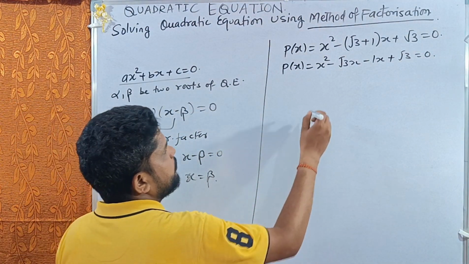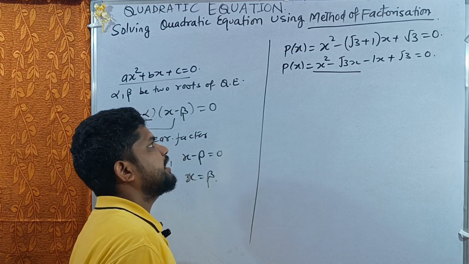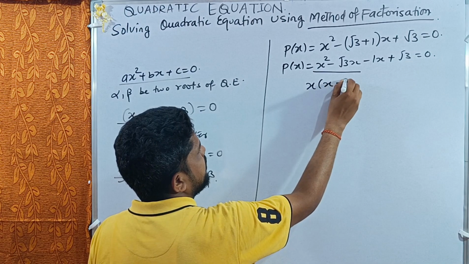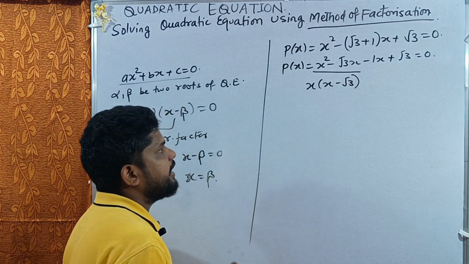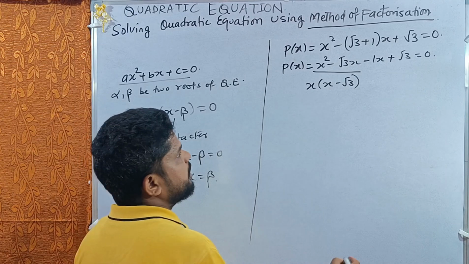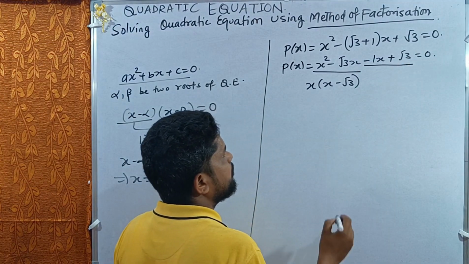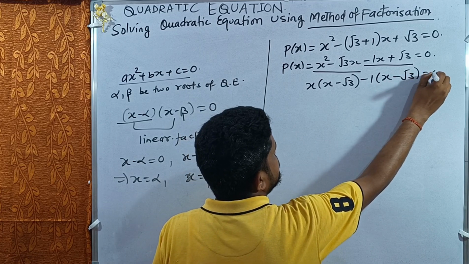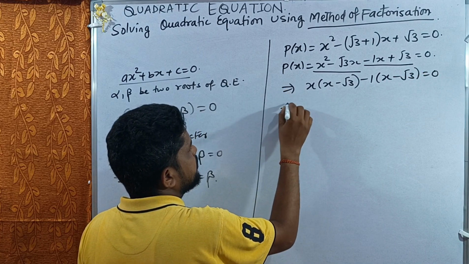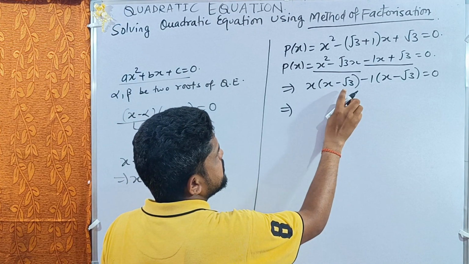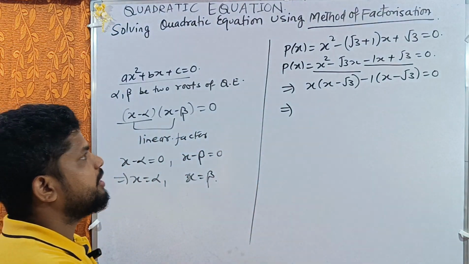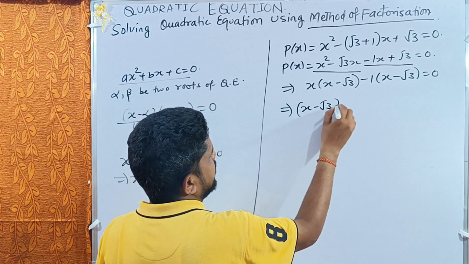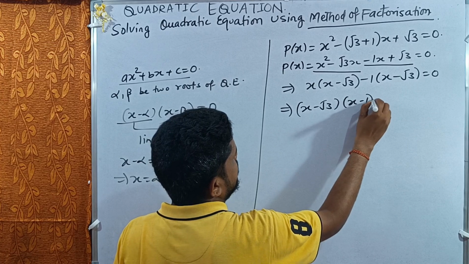Now taking x as common from the first two terms, we get x times (x minus root 3), and taking minus 1 as common from the last two terms, we get minus 1 times (x minus root 3) equals 0. This implies that, again taking x minus root 3 as common, we have (x minus root 3)(x minus 1) equals 0.